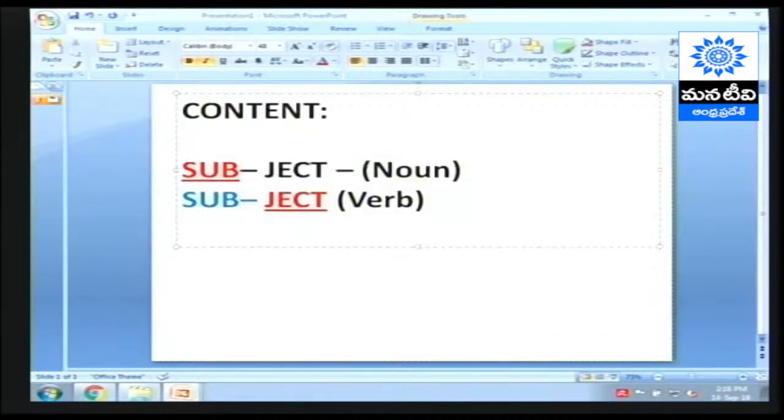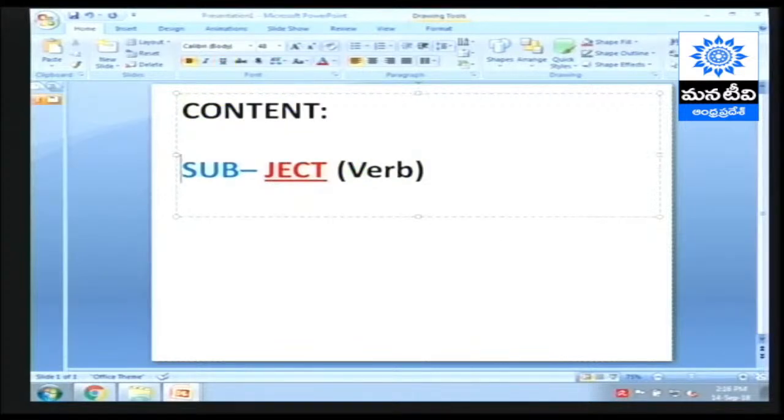Let me explain what are the two different types of pronunciation. I can pronounce this as, first of all, there are two syllables, right? All right.